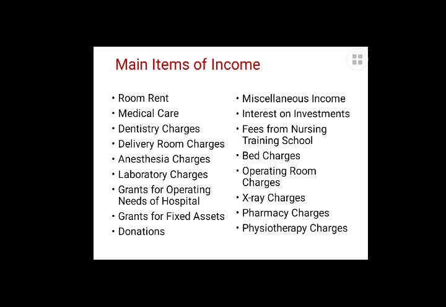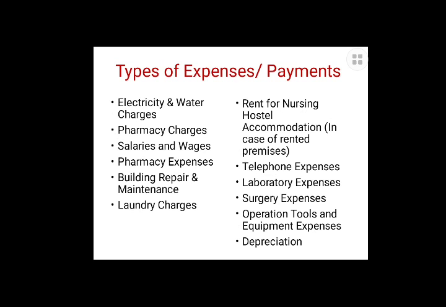So these are some of the sources of income of the hospitals. We know that hospitals provide healthcare facilities, so their main source of income will be through the healthcare facilities.